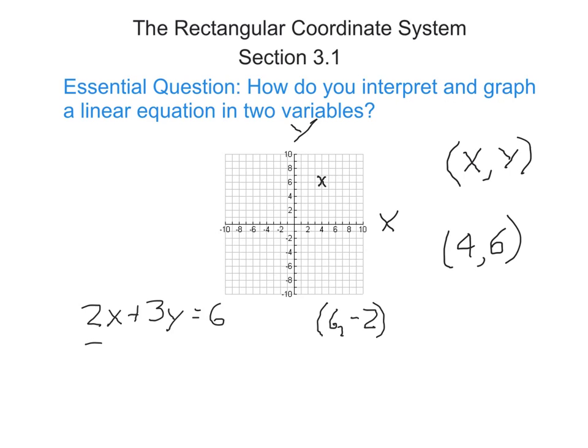So that would give me 2 times 6, which is 12, plus 3 times y, which in this case is -2, and that's -6, obviously. So 12 minus 6 is simply equal to 6. And on the right side of my equation, I've got 6. So 6 equals 6, which is true. Therefore, (6, -2) is a solution of this equation.